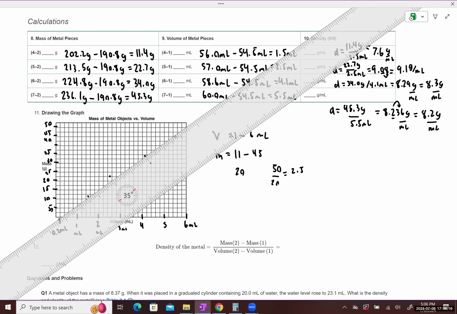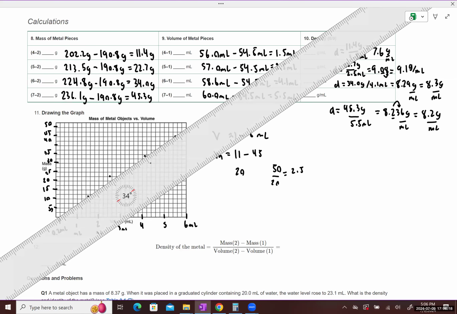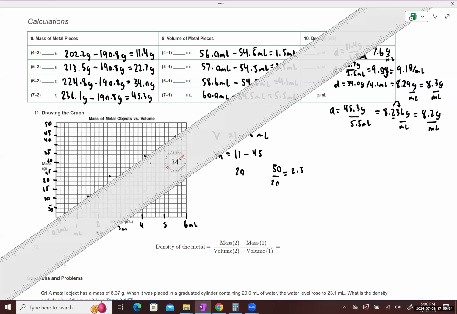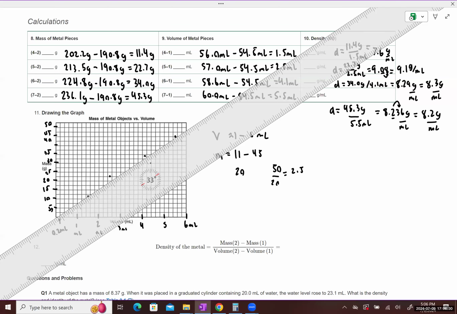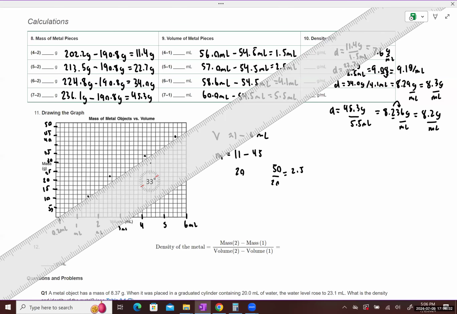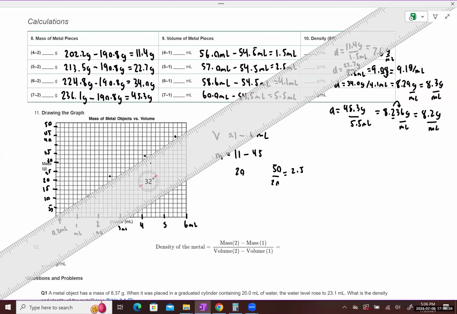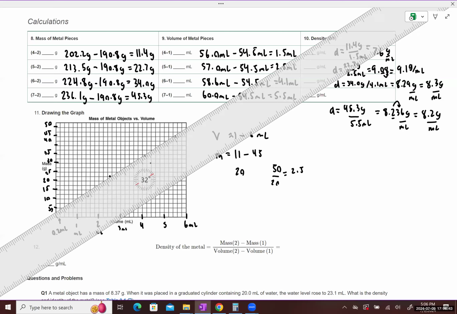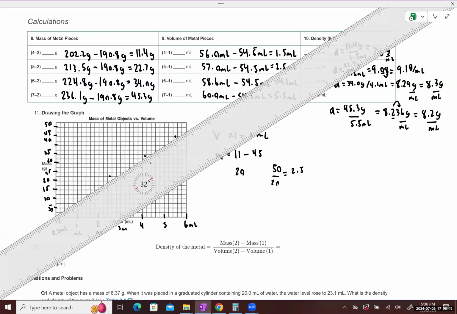We're trying to make sure that the best fit line crosses as many points as possible, as closely as possible. Additionally, because the density is always going to be a proportional relationship, the density line should cross through 0, 0, ideally, if you can set it up that way.